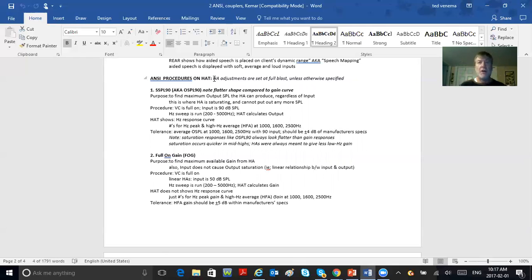Dollars to donuts, all real ear equipment lets you do ANSI testing, and ANSI test equipment usually lets you do real ear, so both. So you have the hat box and the real ear system. ANSI procedures on the hearing aid test box. Look what it says in italics here: hearing aid adjustments are set at full blast unless otherwise specified.